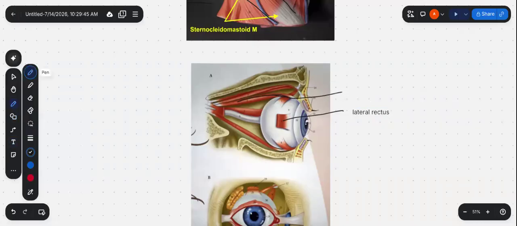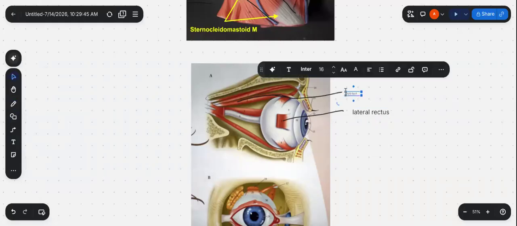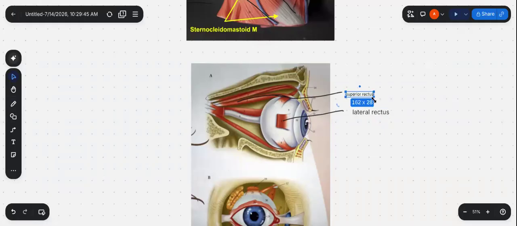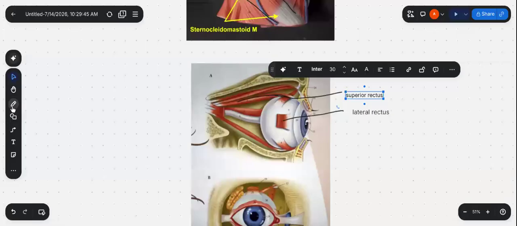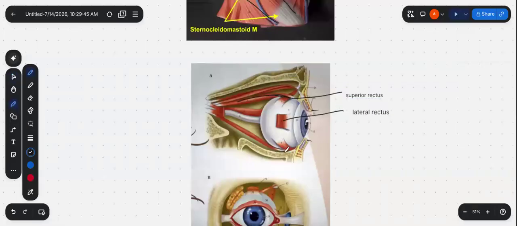Following that fashion, you also have an inferior rectus. The inferior rectus is the one at the bottom of the eye that again goes straight back.